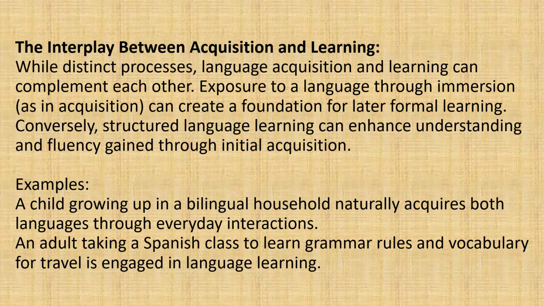Then the child needs to get very good marks at the IELTS exam. So even though this particular child is having exposure to English language, he may start learning English language. Okay, so from this slide, you can understand acquisition and learning, they are interrelated and interconnected. Is it clear?